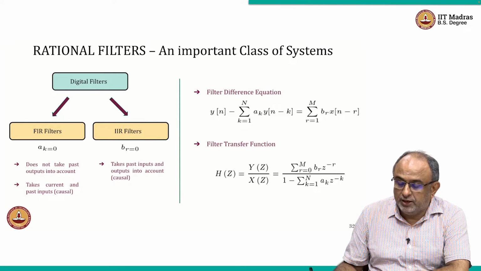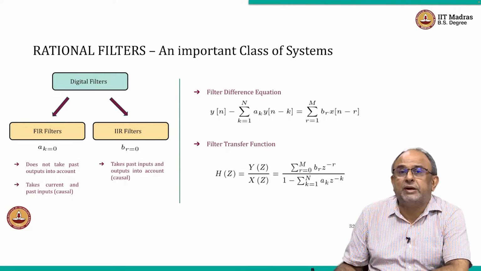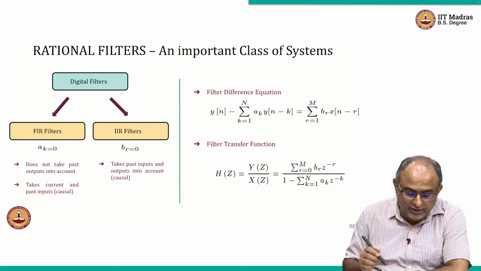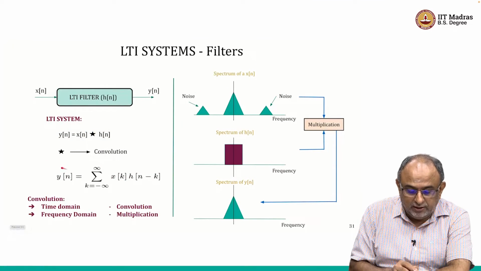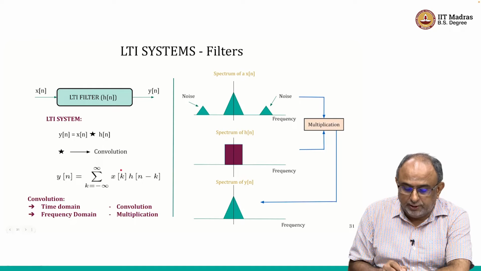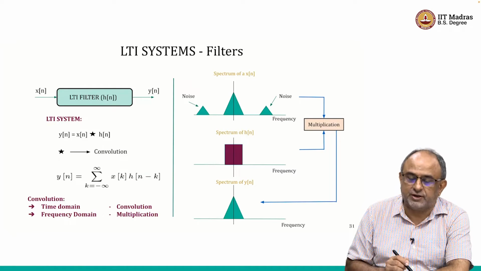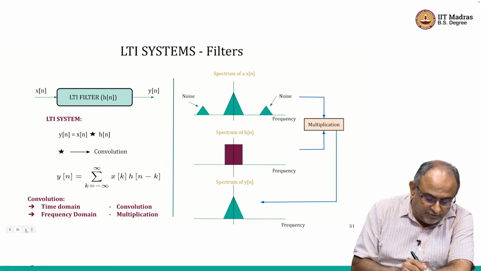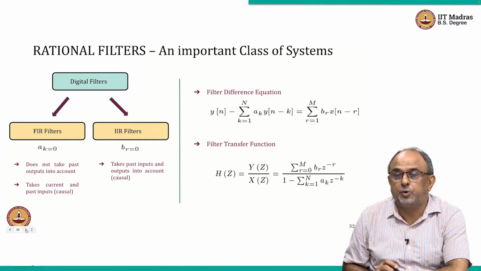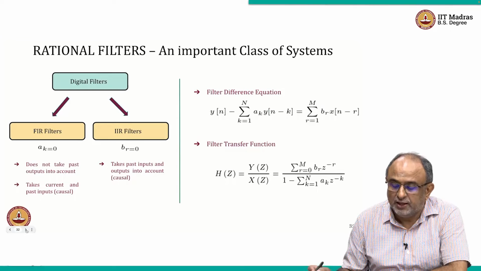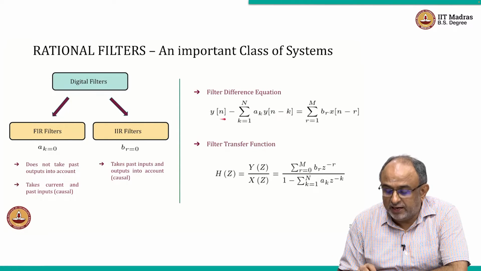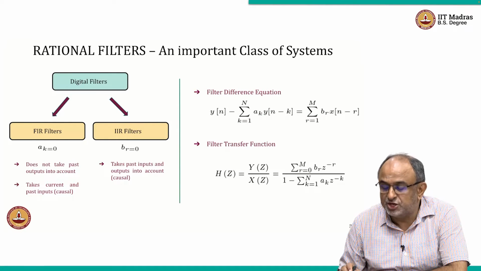One of the important ways that we can describe systems, remember one way that I told you is here, where the system output depended on the input and some impulse response. This is one way of describing the system. Another way of describing the system, and there is a large class of systems that can be represented this way, is where I can have an input output relationship of this form.